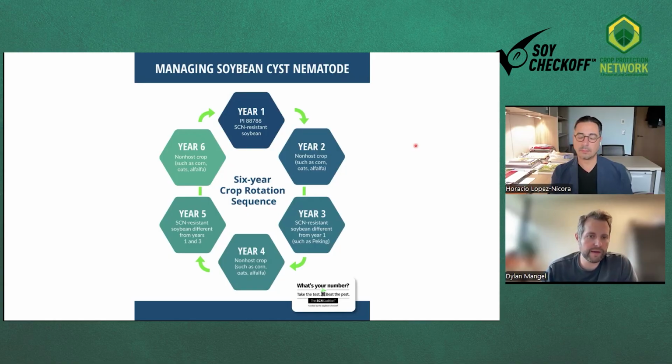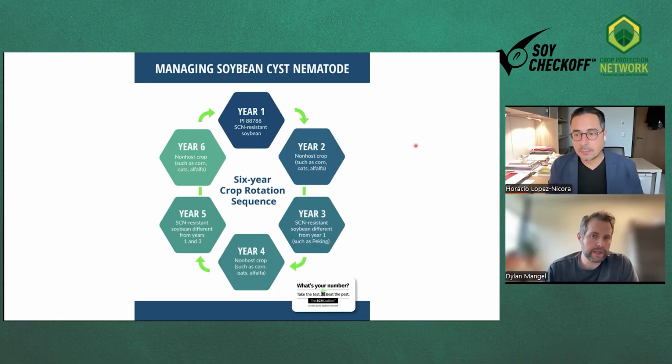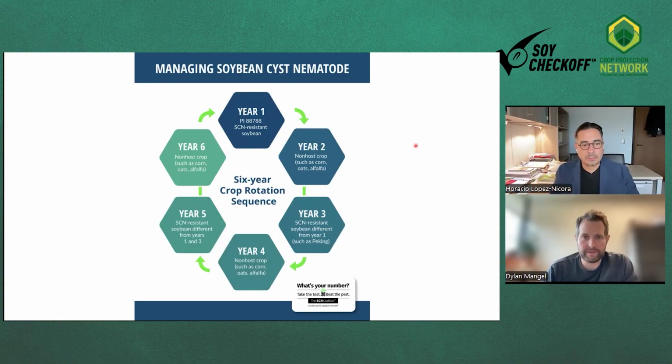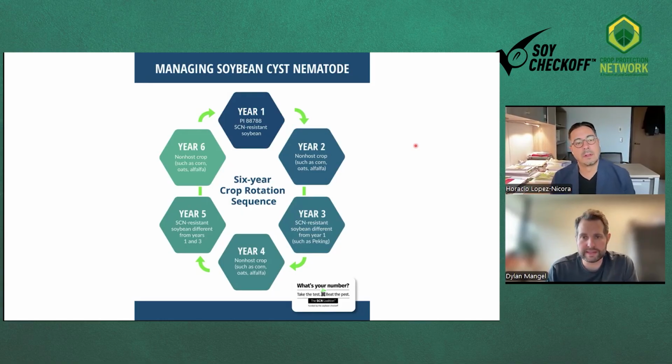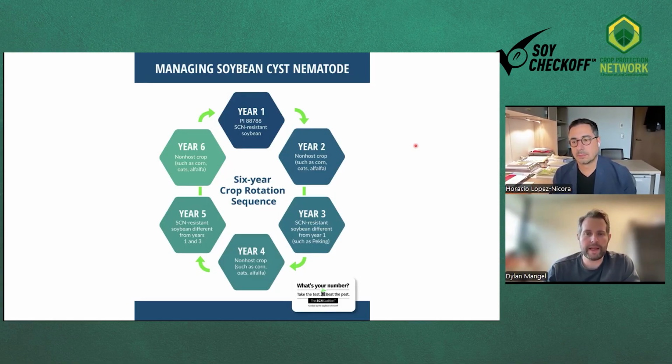And then in year five, use maybe a different 88788 variety. And just make sure you're not planting the same soybean variety in all three of those years of that 6-year rotation. That's going to apply that selection pressure, which will allow that population to quickly get used to those resistance sources, and you'll lose those tools as far as management on your farm in the future.